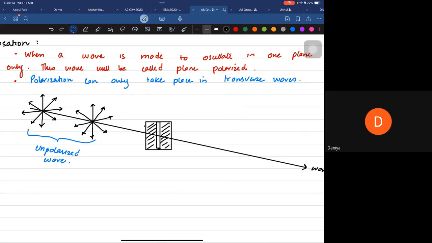This filter is, by the way, called a Polaroid. So when it passes through it, the waves which are vertical can pass, because right now it is vertical, and no other waves are passed because they cancel out because of the filter being 100% vertical. Do you guys understand that?